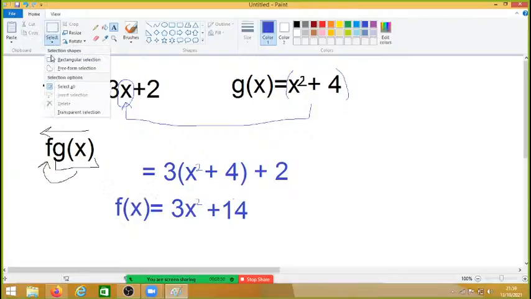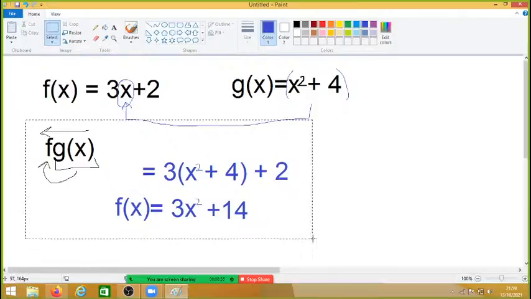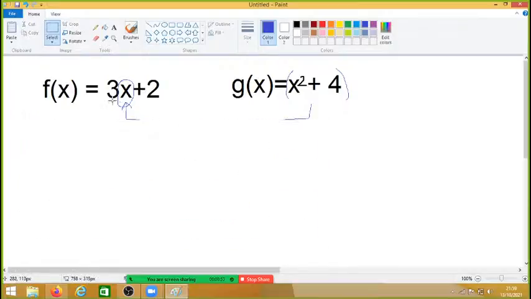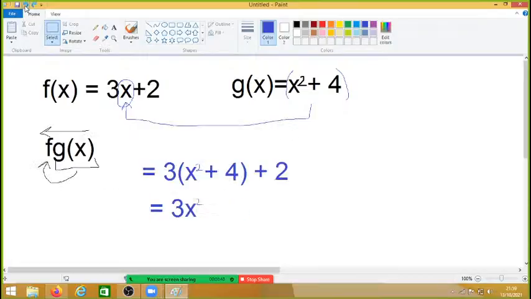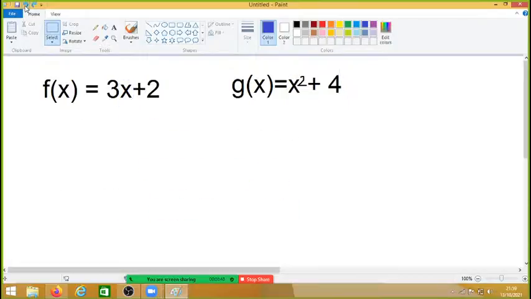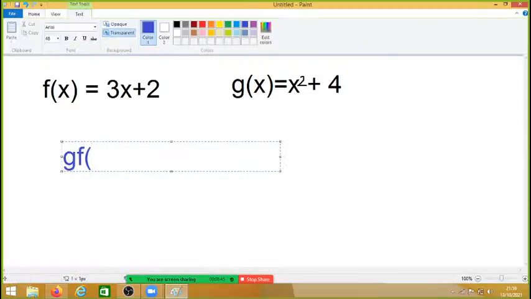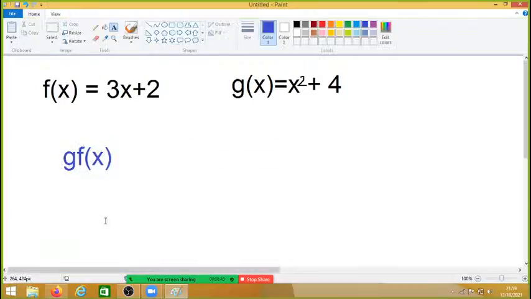Okay, good. Okay, let's try the other way now. So we're going to replace this with a new question, which is gf of x. So if you want to have a quick go at that, see if you can do the first line at least.